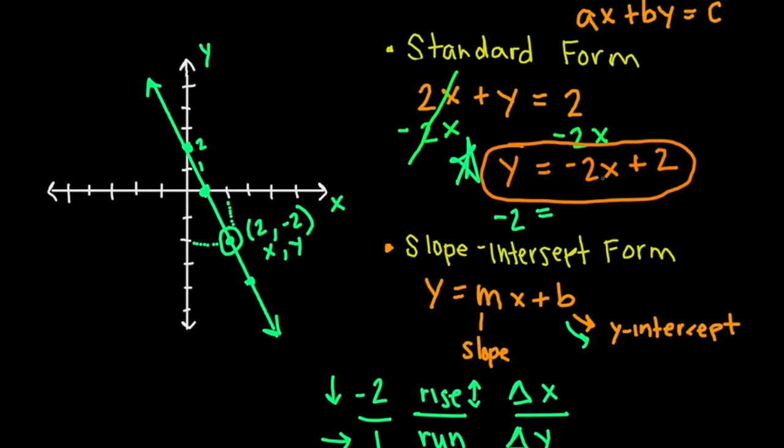So -2 times +2 is -4, plus 2. So that's -2 equals -4 plus 2, which is -2. So if -2 equals -2, then we know that this ordered pair is a solution to this equation. And any point that you use on the line will make this equation true.